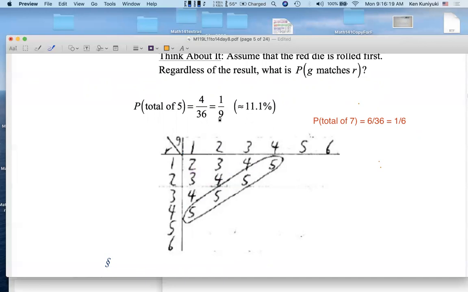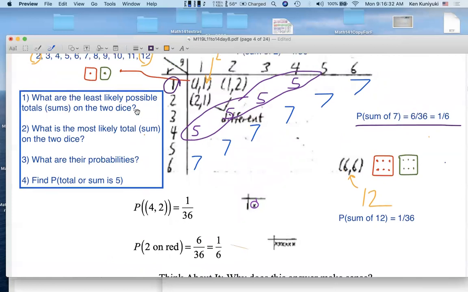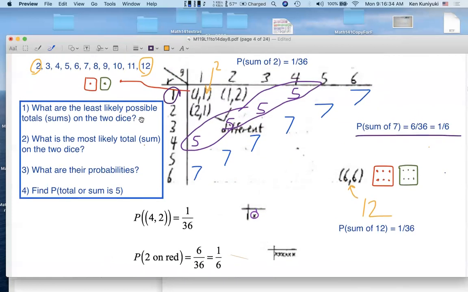Again, I do not expect you to reduce fractions. I'll accept this as a final answer. Again, the probability of getting a 7 is 1 out of 6. So, to answer the questions, what are the least likely possible sums or totals on the 2 dice? The least likely possible sums, 2 and 12. They both had probabilities that were 1 over 36.